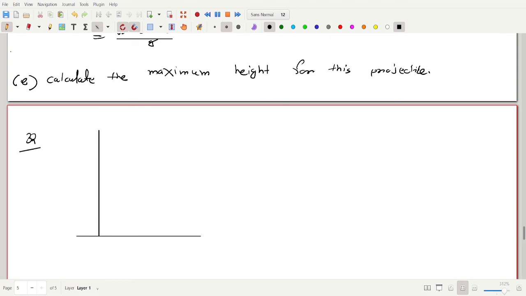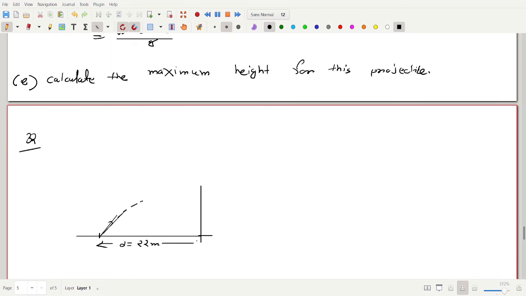Here is the wall and here is the origin, and here is the trajectory of the ball. d equals 22 meter, that is the distance here.